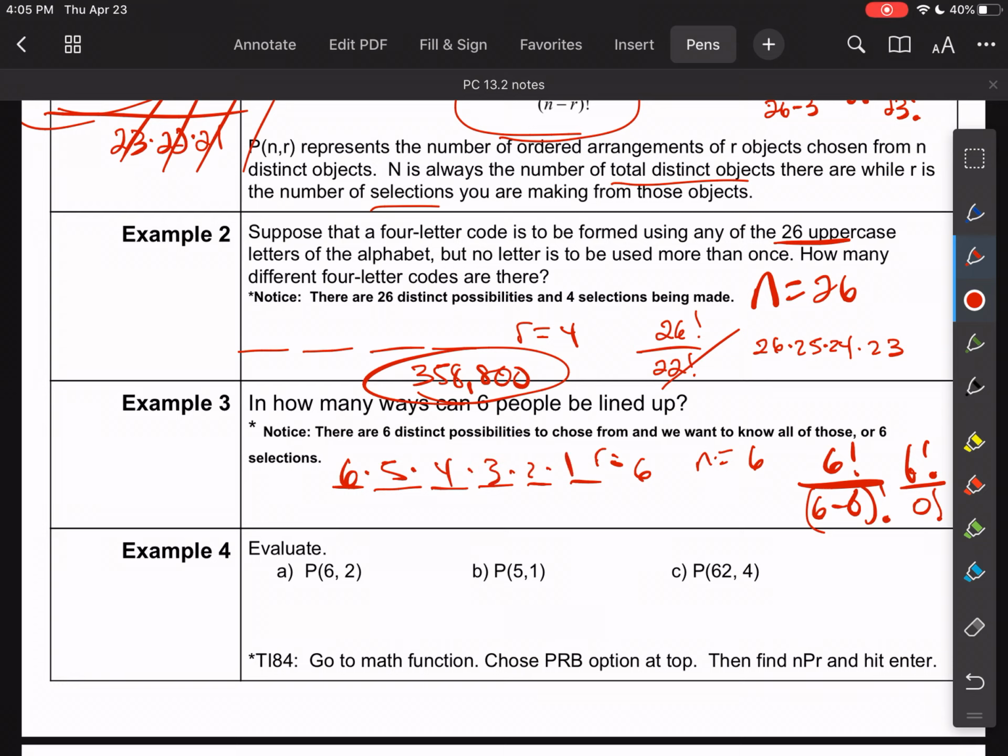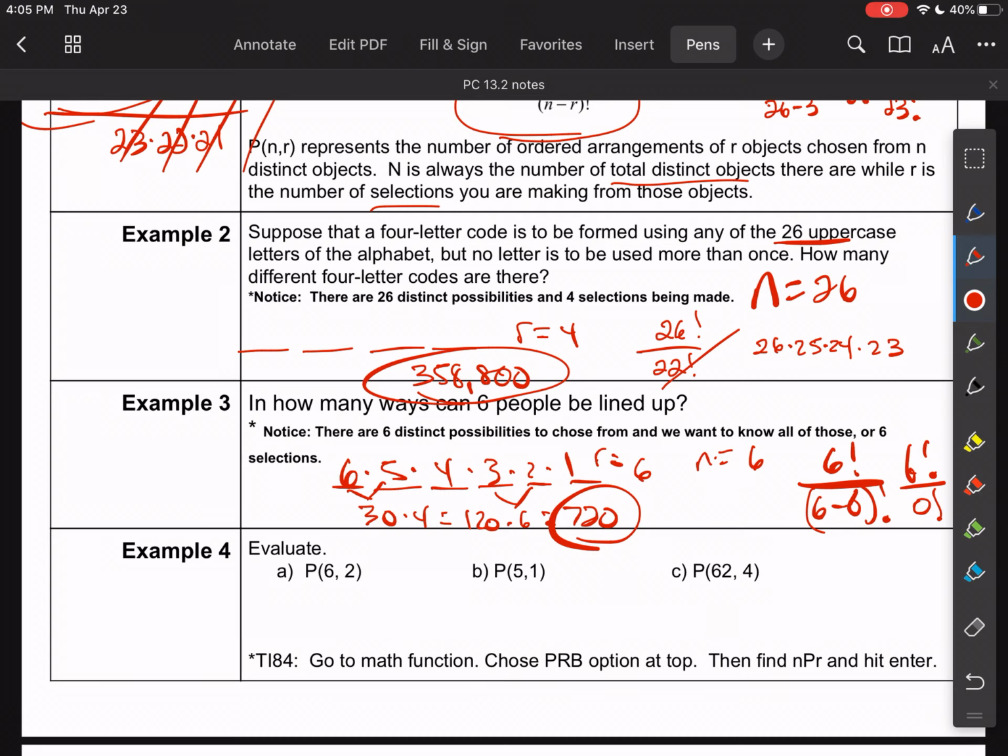This would be 30 times 4, which is 120, times 6 is 720, I believe. So 720 possibilities of 6 people lining up.